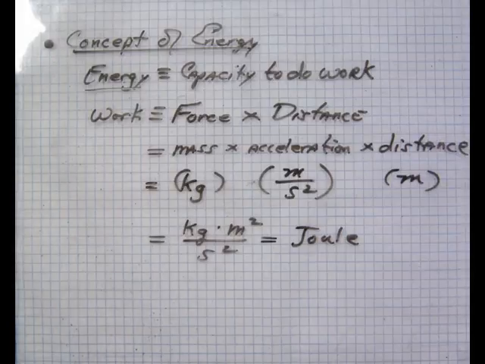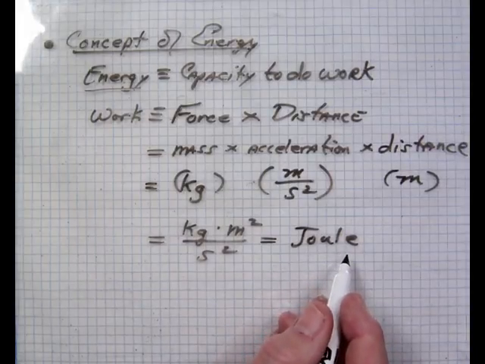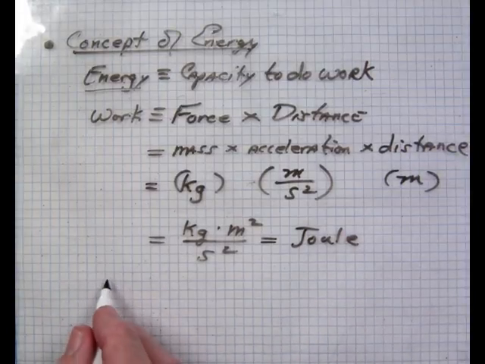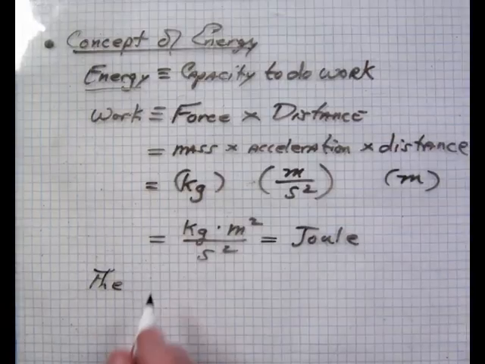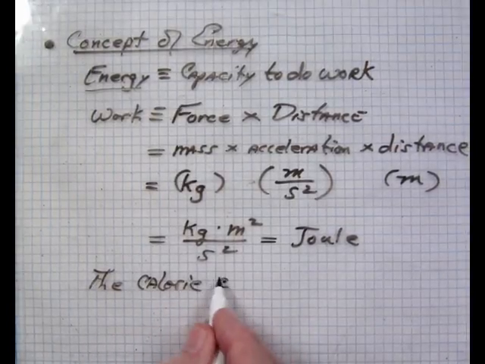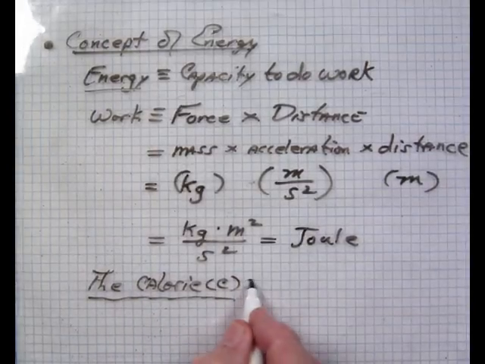So as we get deeper into this, we will be using exclusively joules and calories, and rarely kilogram meter squared per second squared. Now, this is one of the two primary energy units that are used commonly. The other one, of course, is the calorie, the scientific calorie, and has a designation lowercase c.